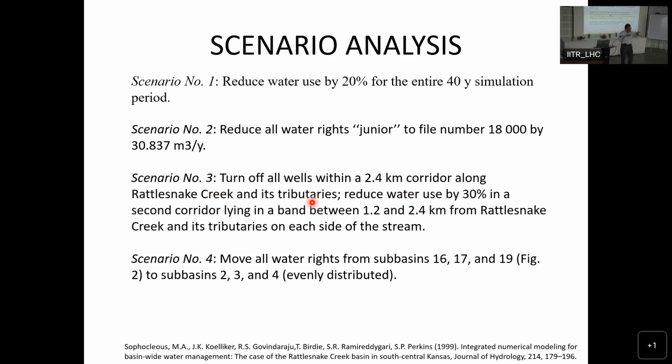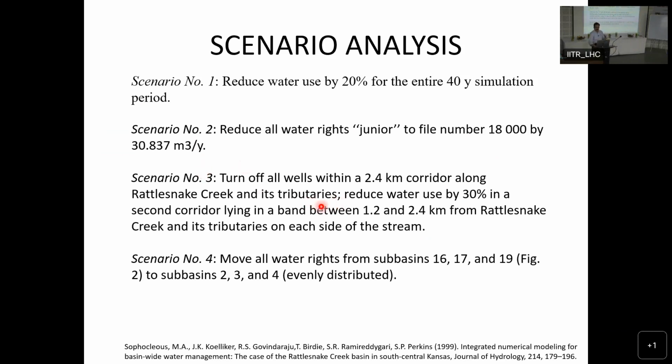So the stream loses water to the aquifer. Therefore, when wells close to the stream pump, water levels in the stream are more severely affected. So one management strategy could be, within a certain distance from the stream, we will either stop or reduce pumping. But that's a scenario that they want to explore.